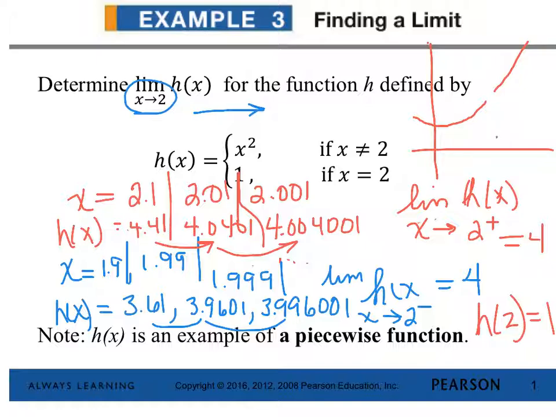Where this is the value 2 for x, and we would see that the h of x value that's being approached is 4, when in fact the value of the function itself at 2 is actually 1. So that's what the graph would look like.